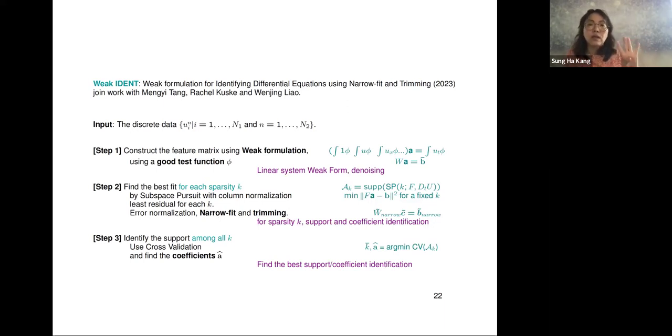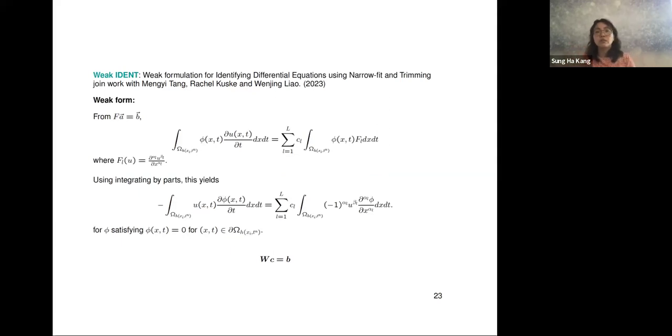So there are four things that I want to mention in relation to this weak ident. First is the weak form. As I said, the benefit of the weak form is the difference. So you have ut or uxx or something like that. Those derivatives can be moved to the test function. That really is the beautiful part of this. By integration by parts, whatever derivative you have, you don't have to deal with u, because u is the one that we don't have.